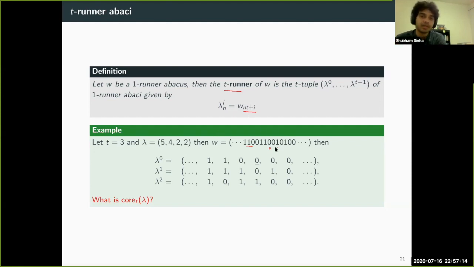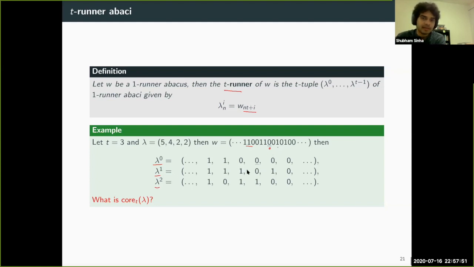So in particular, you can look at positions mod T and look at those subsequences. In the case T = 3, 0 mod 3 positions give you one abacus, 1 mod 3 positions give you another, and 2 mod 3 positions give you the third abacus. So in general, you have T runners, which are given by the positions mod T.